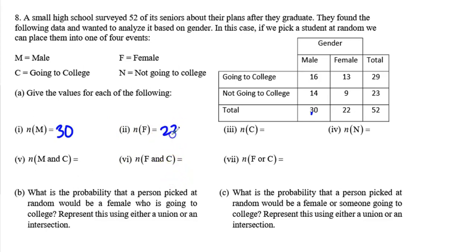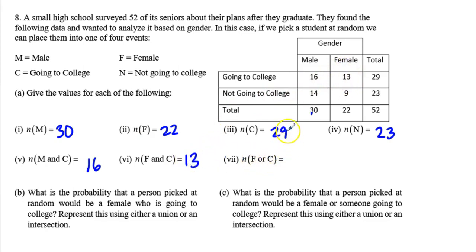Okay, females, 22, college, 29, not going to college, 23. Male and college, well, that would be right here, these 16. Female in college, well, that would be right here, these 13.